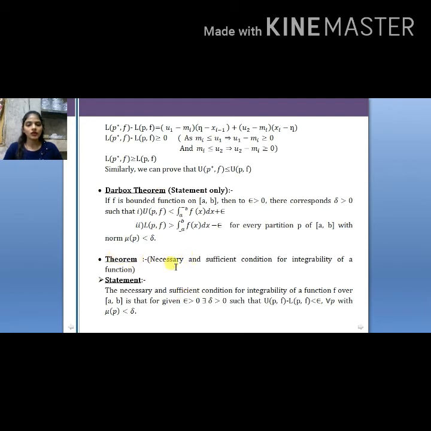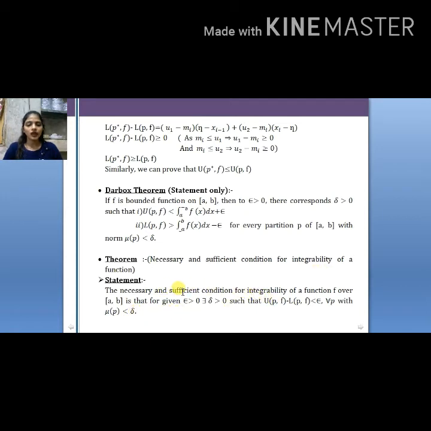The next theorem is a necessary and sufficient condition for integrability of a function. The statement is: the necessary and sufficient condition for integrability of a function f over closed interval ab is that for given epsilon greater than 0, there exists delta greater than 0, such that UPf minus LPf is strictly less than epsilon for all p with norm of p less than delta.